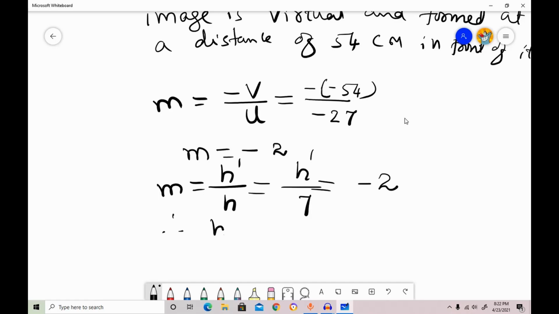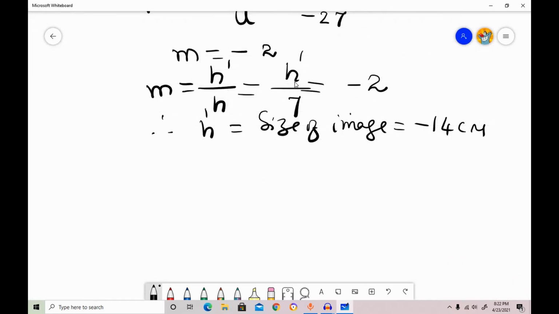Therefore, h dash, or size of image, is minus 14 centimeter. So write your answer. Because it is negative, it is inverted. And what is the size of the image? It is 14. It is enlarged.